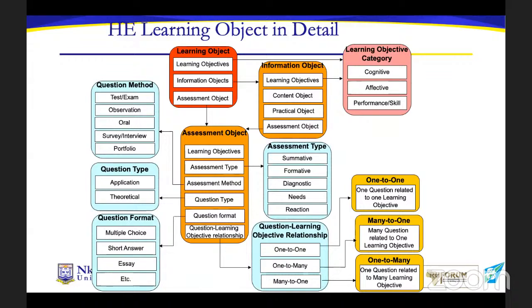Tomorrow, we shall try to follow the same structure and see, once we are developing content, can we develop it in the form of a learning object, so that once it is accessible, it can allow reusability to happen.